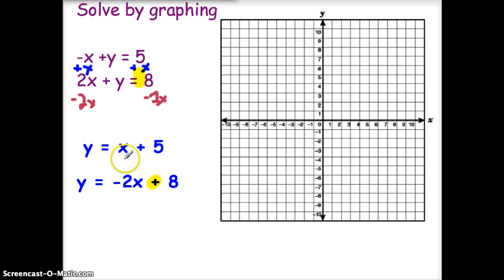Graphing these, the first equation, y equals x plus 5, starting at the ordered pair 0, 5. And I have a slope of 1, so that's up 1 over 1, up 1 over 1.